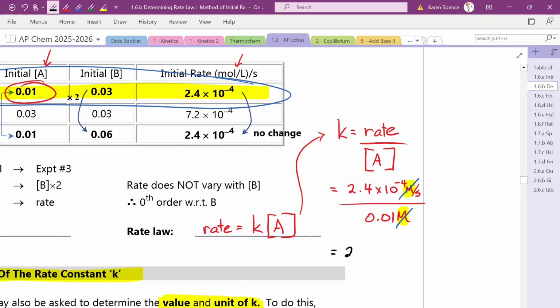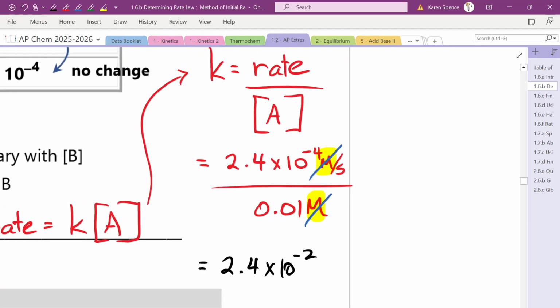And we will end up with 2.4 times 10 to the negative 2. What unit is left? Seconds? 1 over seconds, or in other words, seconds to the negative 1. Okay? So rate constants can have weird units, okay? And you just have to plug everything in and just cancel out what cancels out.